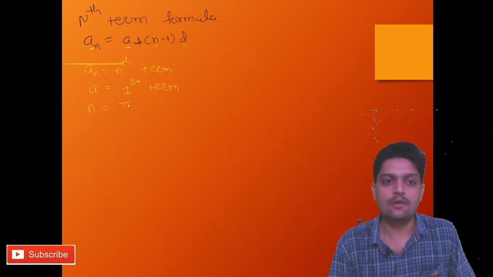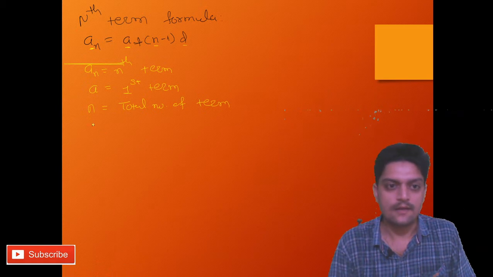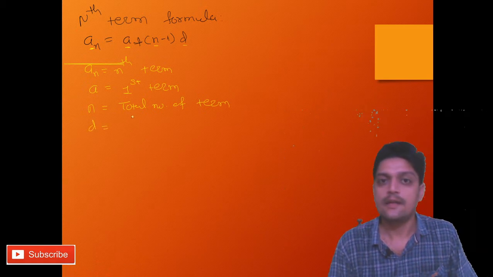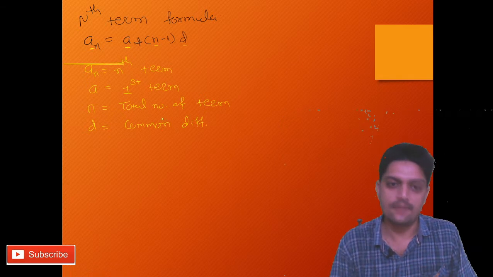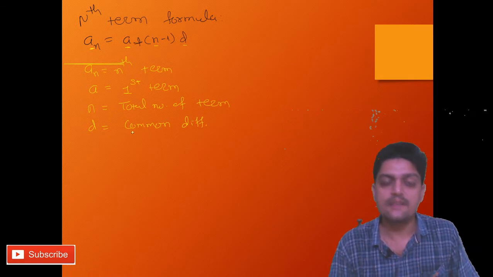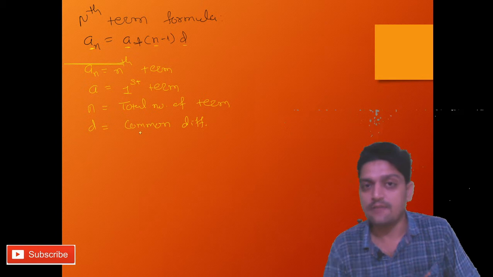N is the total number of terms. And d, as you all know, is the common difference. How this common difference will come, that also we have discussed.